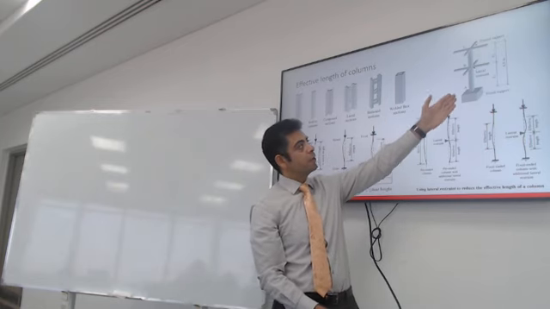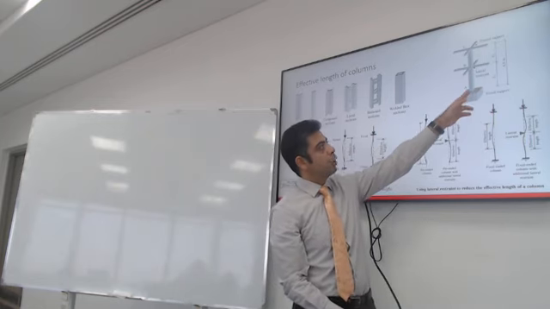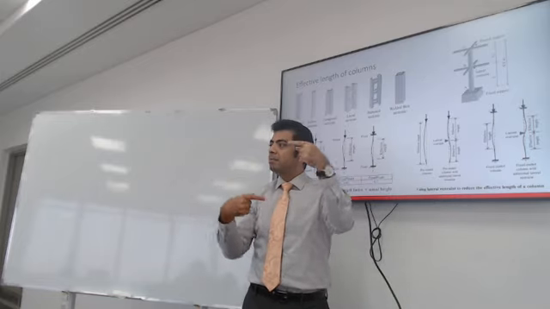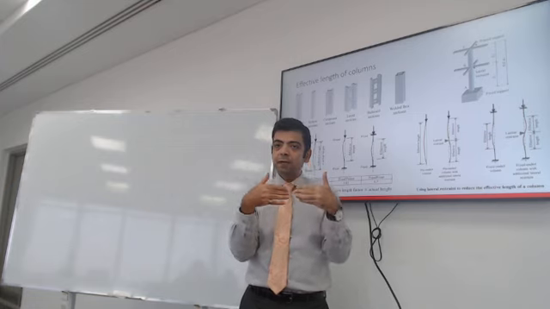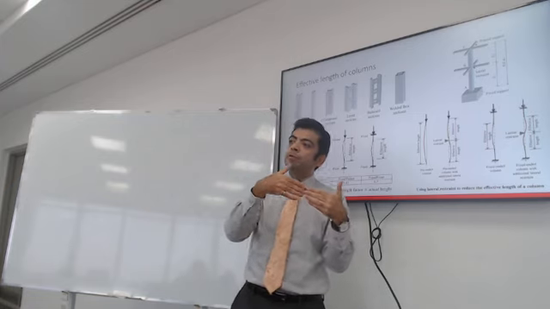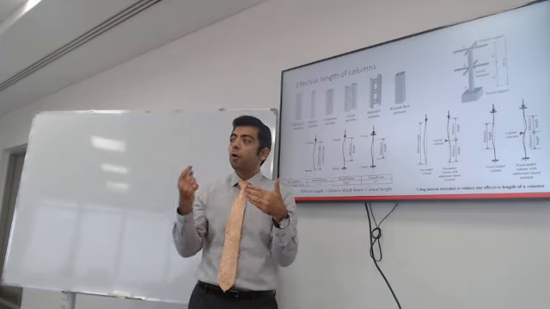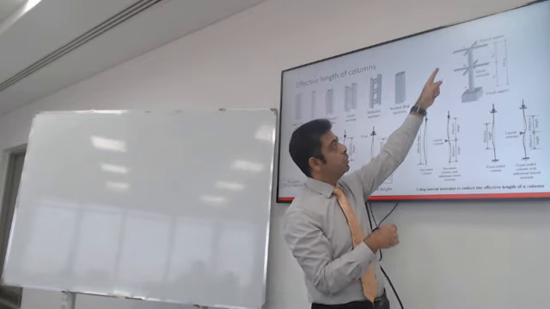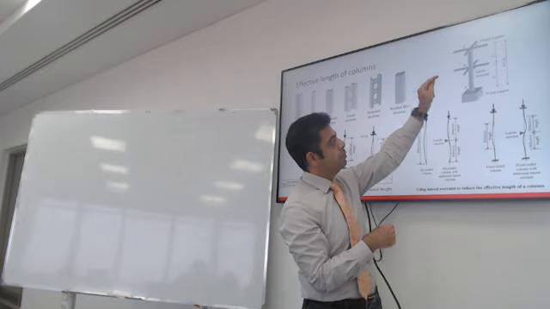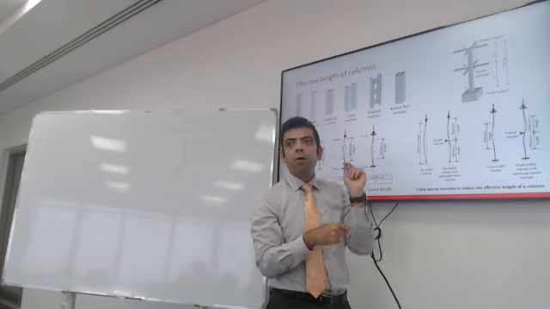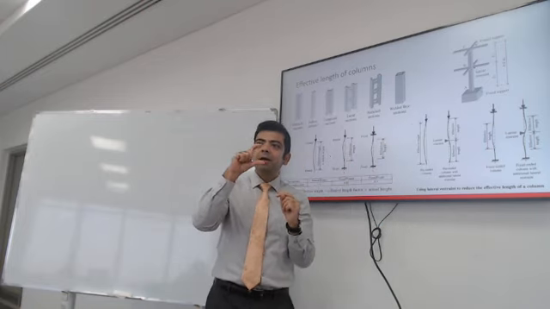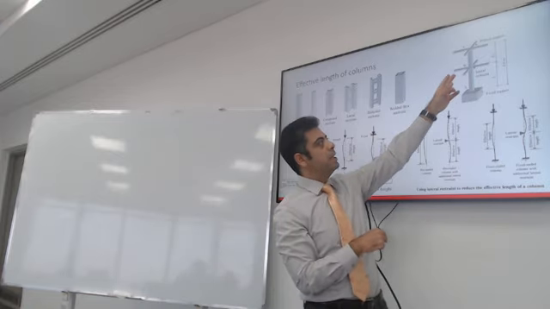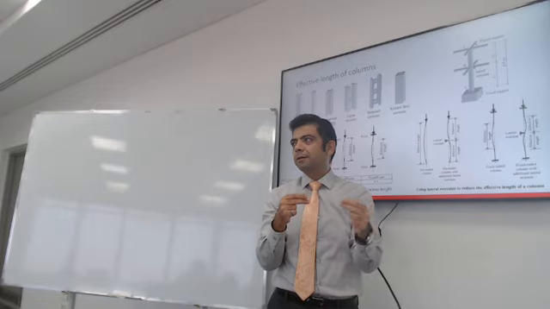Do you see how this column, even though from point A to point C it's 6 meters, has side beams framing into it? These beams will prevent buckling. So it will buckle between C and B and between B and A. So the buckling or the effective length is the length between the points of lateral bracing.